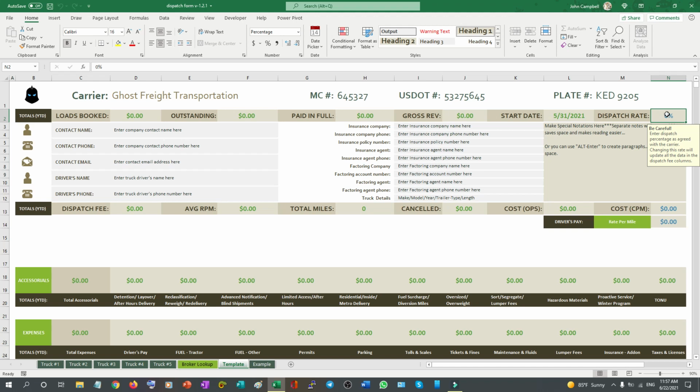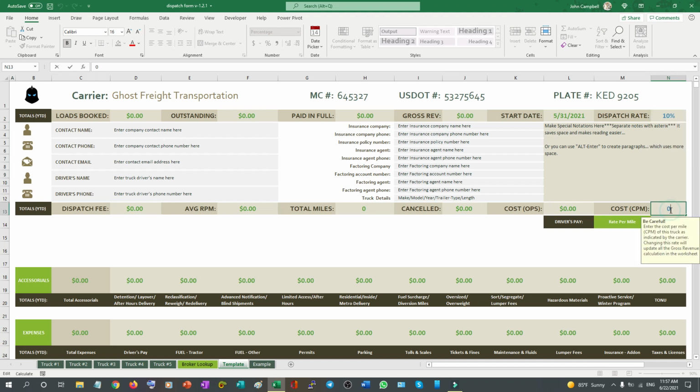If you're an owner operator, this is the amount that you pay to a dispatcher for operating your trucks. So let's assume that this figure is 10%. We'll just go ahead and add that 10.